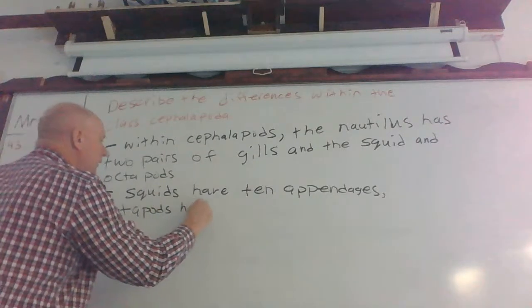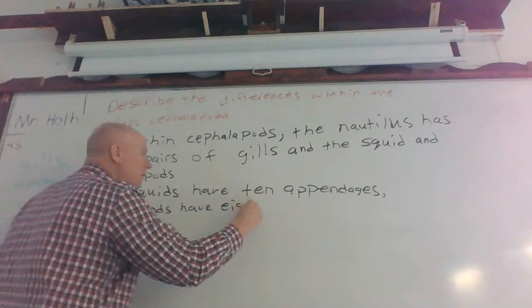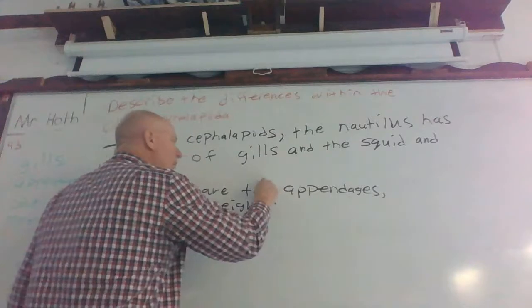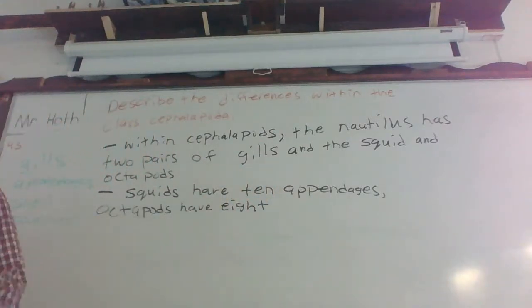Octopods have 8. Now, when we say those 10 appendages, how's that similar to octopods? They each have 8, but those squid have 2 what, though? They're a little longer than the rest of their appendages. Tentacles, is that what you said? That's what it sounded like you said.